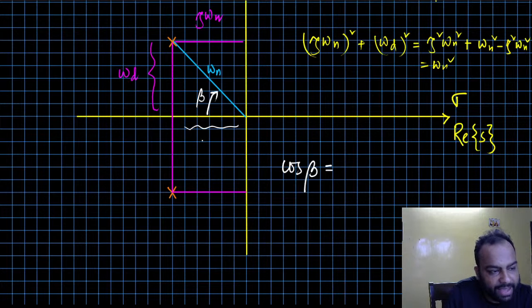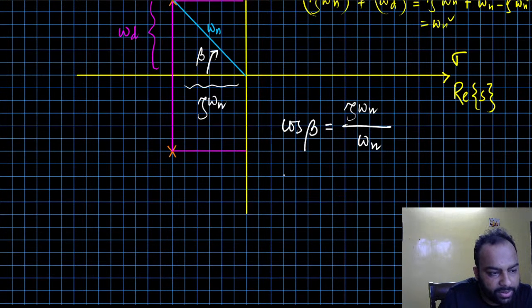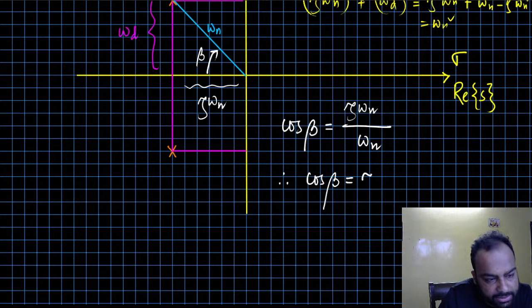This base is once again zeta omega n, divided by the hypotenuse. What is the hypotenuse? Hypotenuse is omega n. So therefore we find that cosine beta is just the damping ratio.